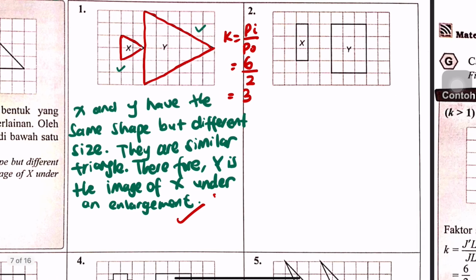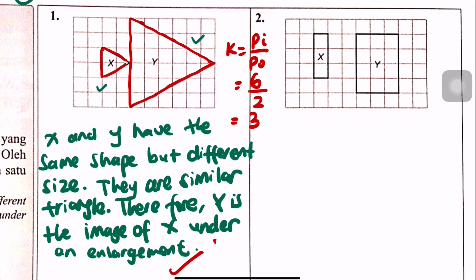Now let's have a look at number 2. Number 2, we have X and Y. Let's calculate the K first. K equals panjang image over panjang object. So let's check. 1 over 1, 2, 3, which is 1 over 3. Next sides, we have 1, 2, 3, over 1, 2, 3, 4.